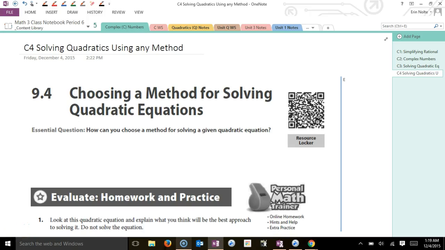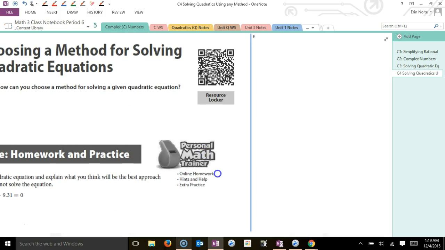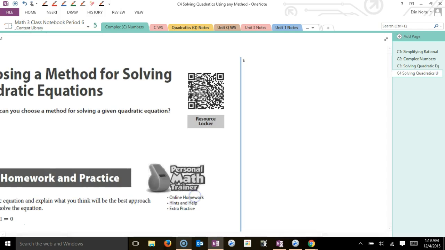All right, so C4. C4 I am calling solving quadratics using any method. Okay, so before we start going through and practicing these solving steps, let's go over the methods that we know of solving quadratics.